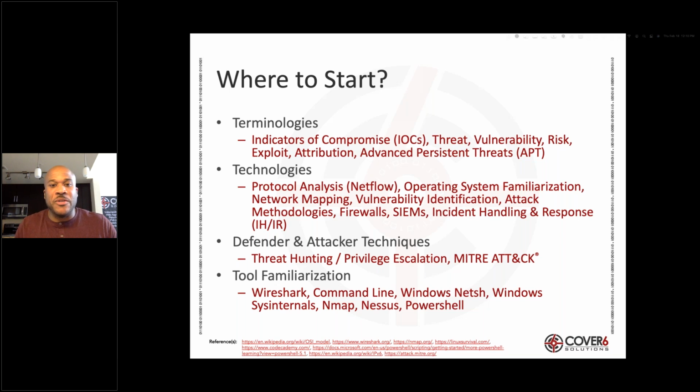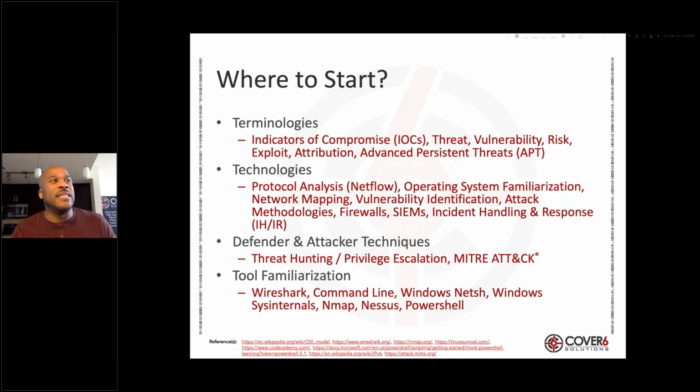Your operating system familiarization: you need to be comfortable looking at your machine, whether that's Windows, which is 90+% of the market, or a Linux operating system. You shouldn't be uncomfortable on either one of them. Network mapping: you cannot defend a network if you don't know what's on it, and you can't compromise a network if you don't know what's on it.